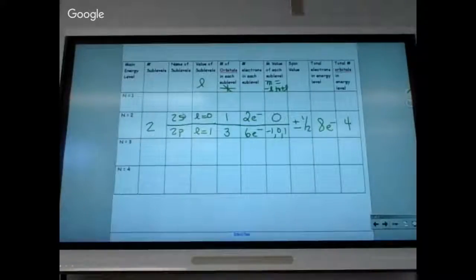M is always minus L to positive L. Okay? So you're filling in minus L to positive L. Given that, for this one, your L value is 0. You're going from minus 0 to positive 0. So what do you get when you go from minus 0 to positive 0? 0. So that's your value, just 0.